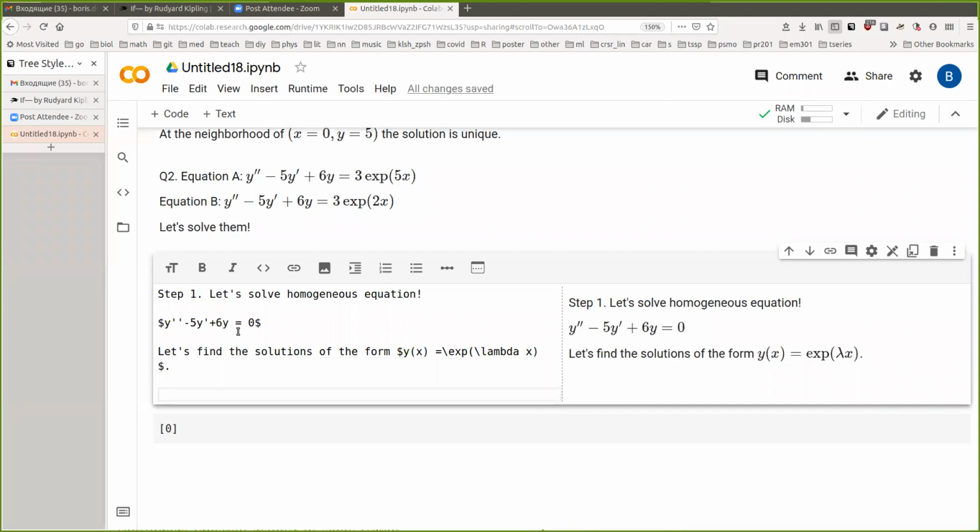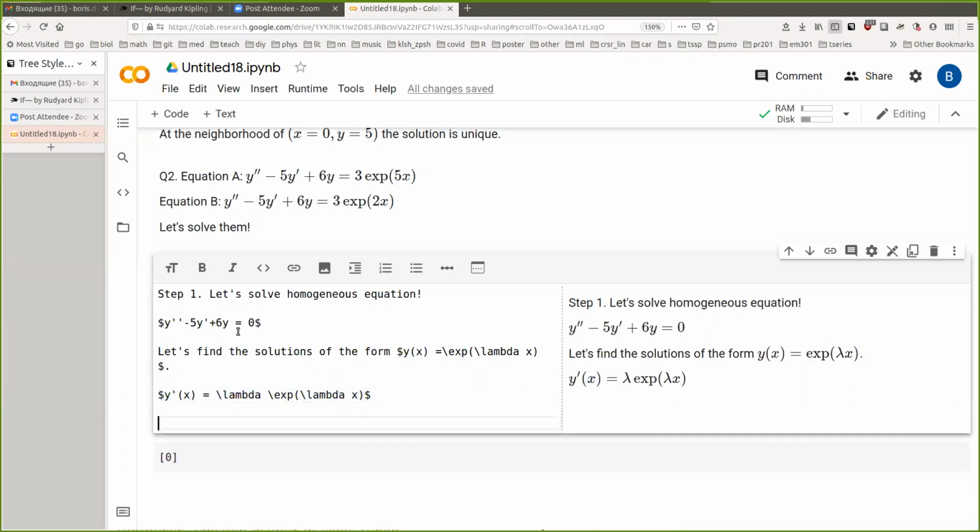If we plug in this y of x, then we get that y prime of x is equal to lambda times exponent of lambda x, and the second derivative y prime prime will be equal to lambda squared exponent of lambda x.